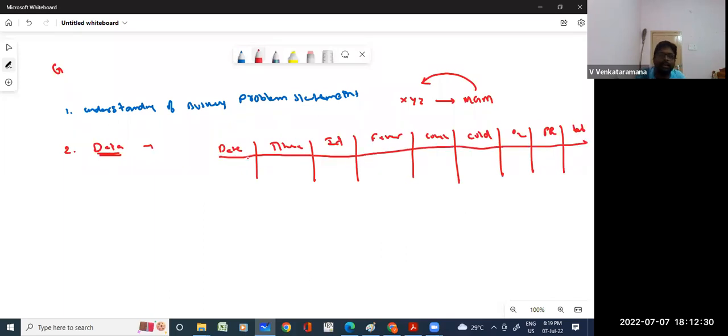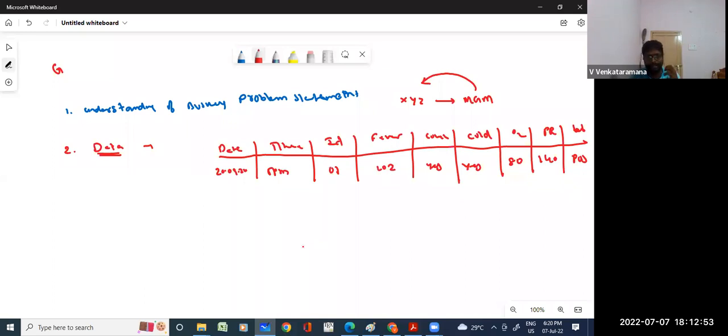Assume at a particular date, like 20/09/2020 at 5 p.m., one patient with ID 1 joined, and he had a fever, some cough, oxygen is very low, pulse rate is very high. Then it will be a positive. Such type of data they will provide.